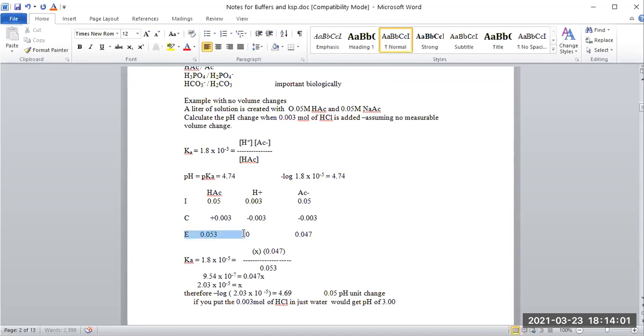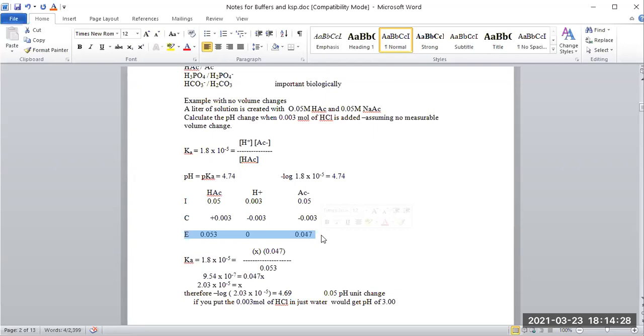So once I've totaled this down, I have no H plus extras left over now. Doesn't mean there's none there. It just means that there's no extras. So Ka didn't change, 1.8 times 10 to the negative fifth.